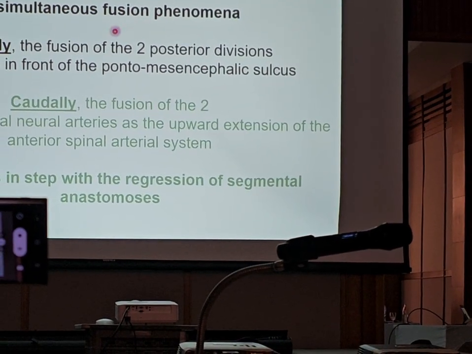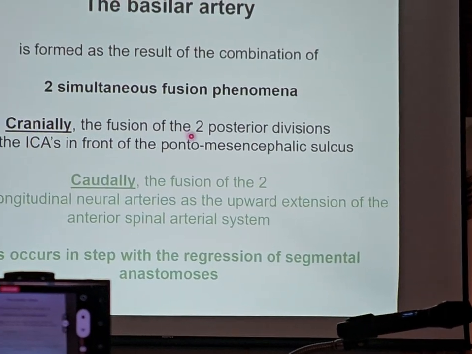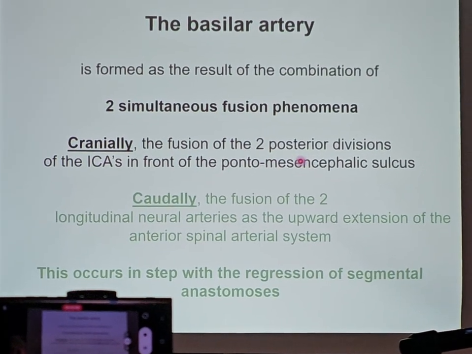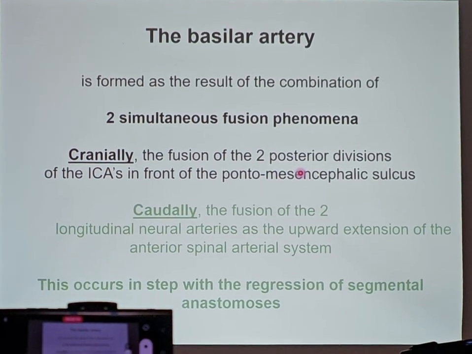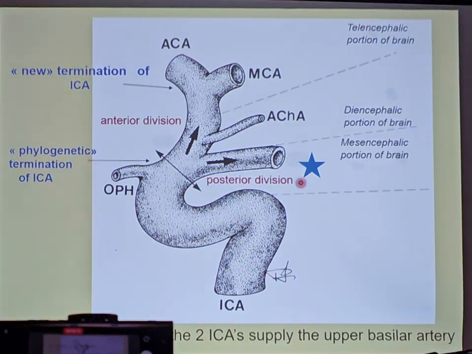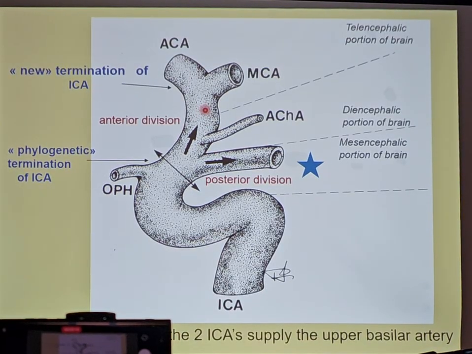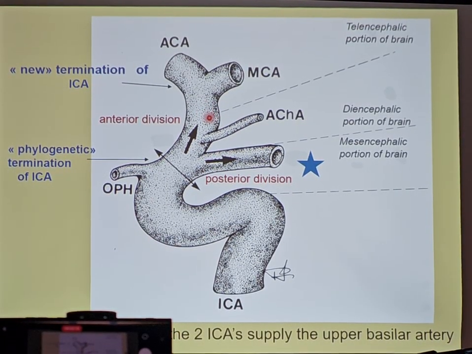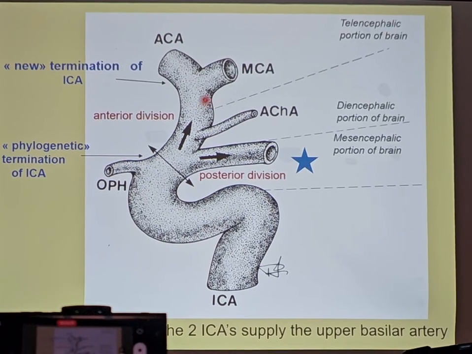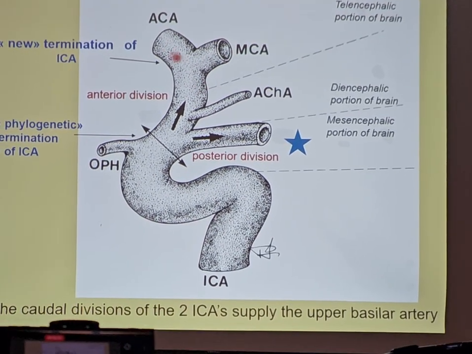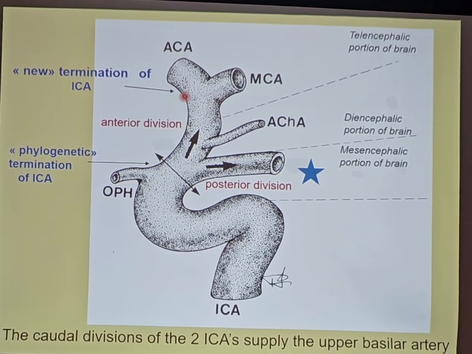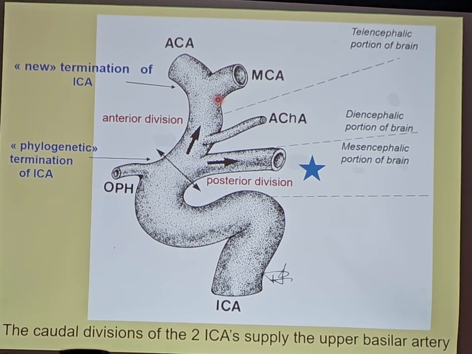So first, the cranial fusion phenomena between the 2 posterior divisions of the internal carotid artery. You and everybody else, and ourselves too, tend to call the carotid termination where it divides into the middle and anterior cerebral artery the top of the internal carotid artery.